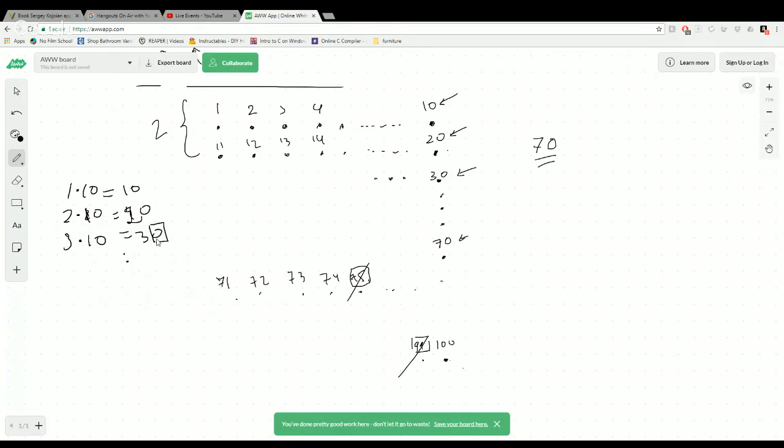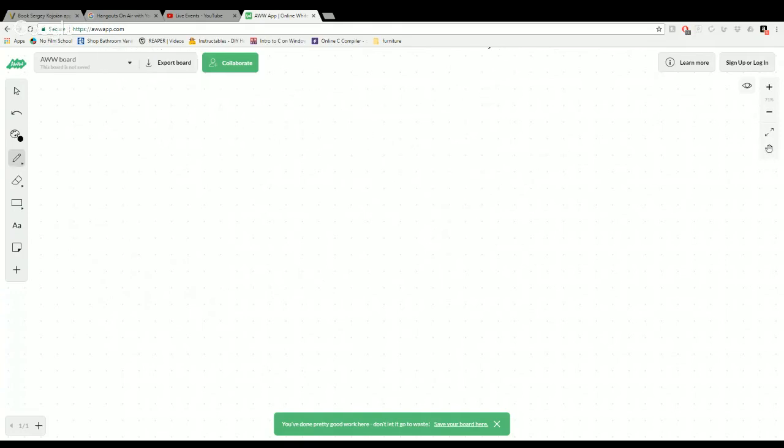All right, let's do some exercises. The first one says, is 22 a multiple of 4? In other words, what does that mean? To rephrase this question, is there some number that I could multiply by 4 and get 22?